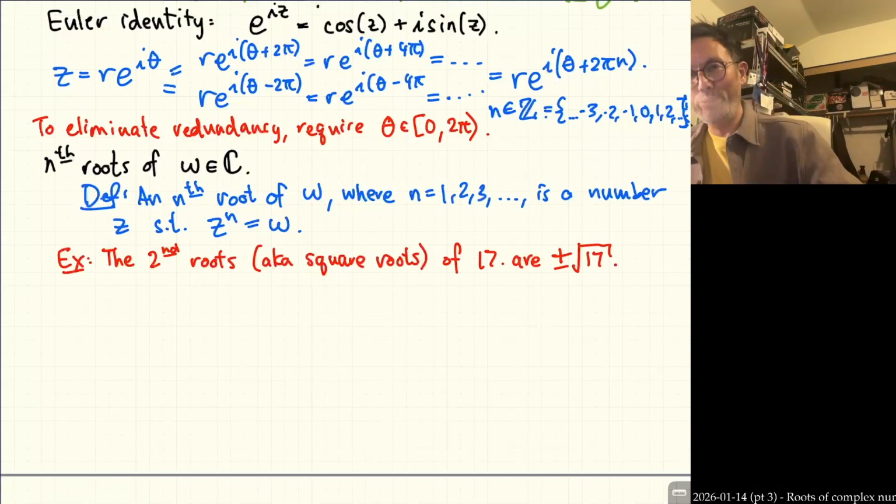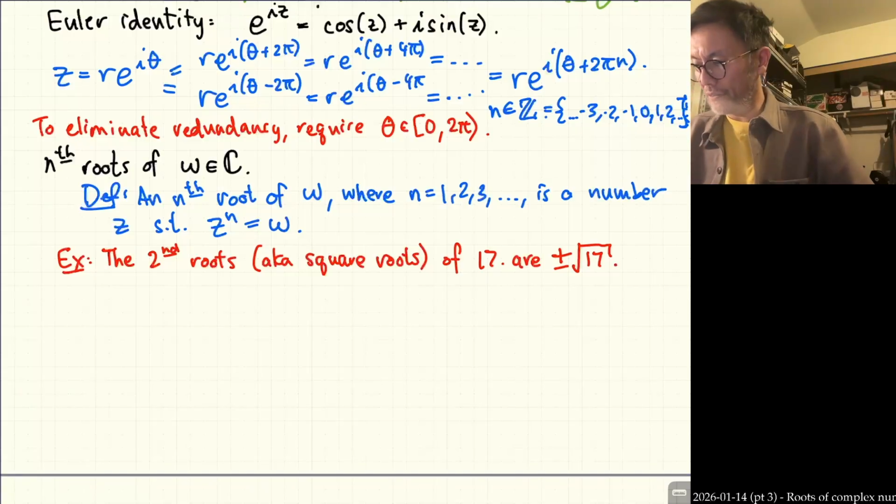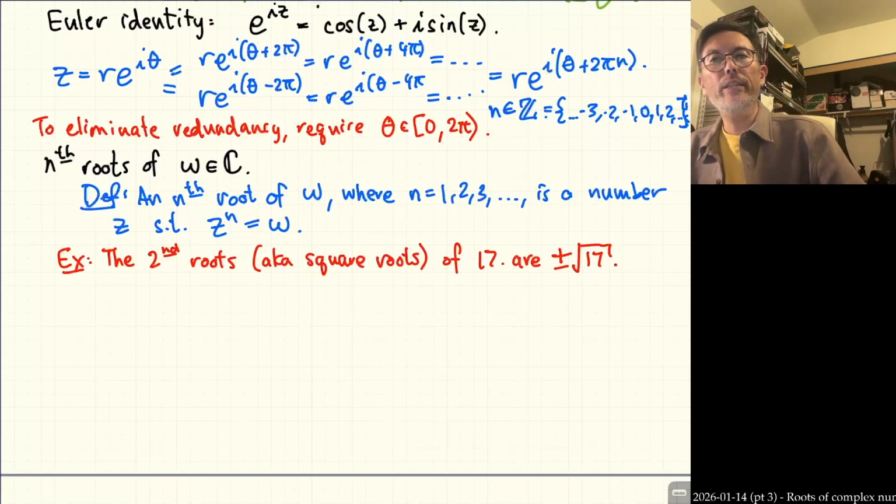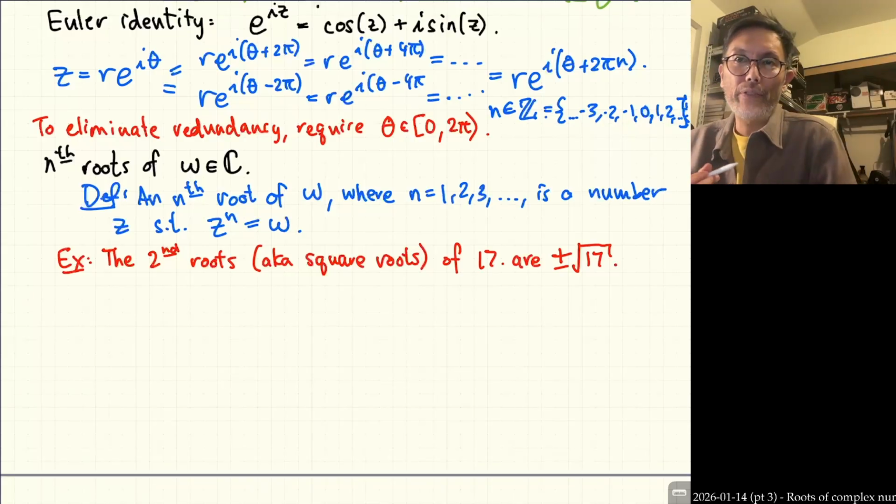This is very confusing because there are two square roots of 17. They are namely plus and minus the square root of 17.